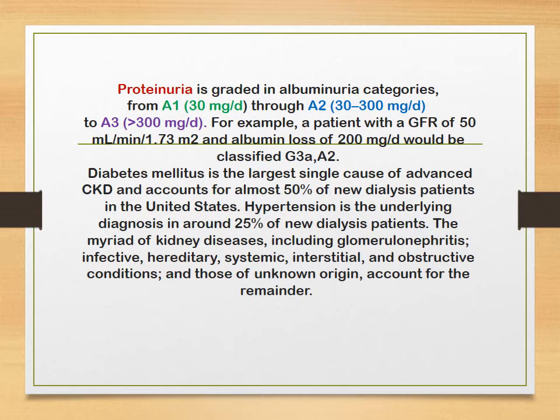Albuminuria is also categorized. Group 1 is less than 30 milligram per day. Group 2 is 30 to 300 milligram per day. This is microalbuminuria, usually not detected by the normally available strip, which detects proteinuria only when it is more than 300 milligram per day.